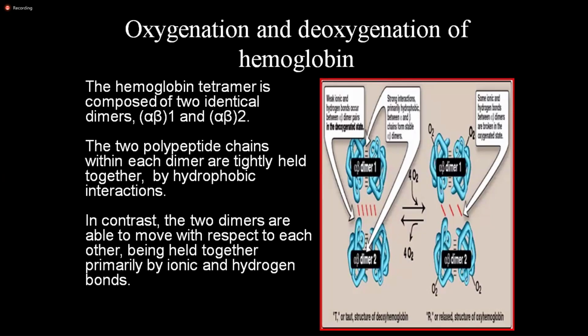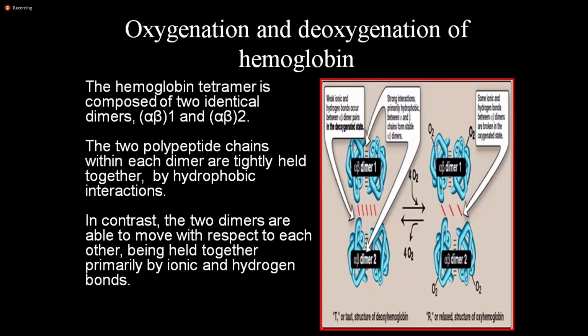Due to this less stability, the hemoglobin molecule can change its conformation. Conformational change will happen during the oxygenation and deoxygenation process because of this weak ionic and hydrogen bond present between the two alpha beta dimers.